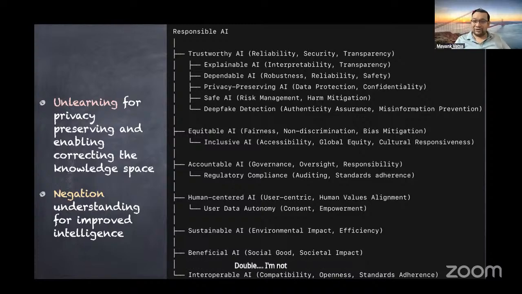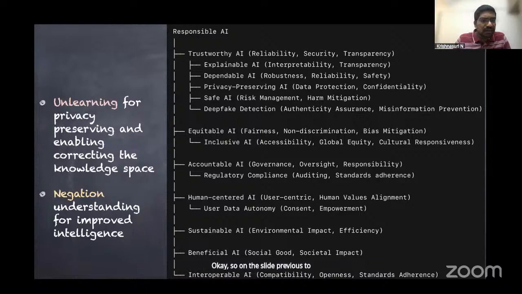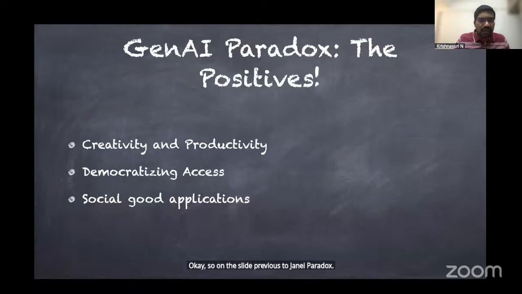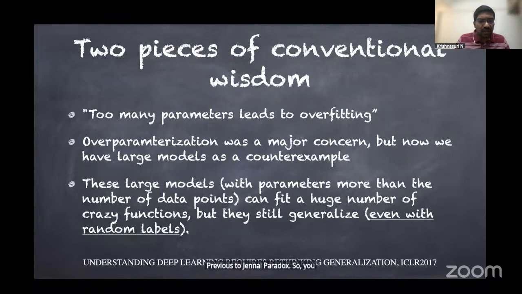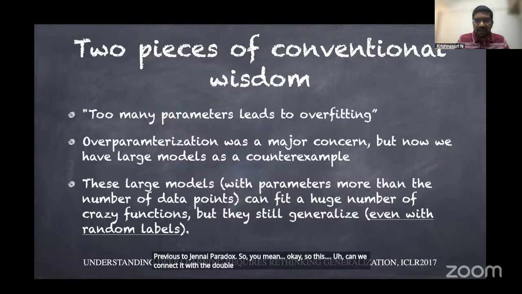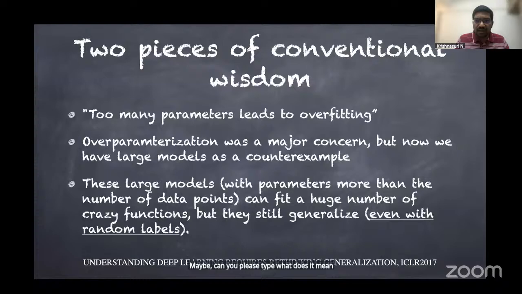I'm not sure what the meaning of double descent is, but if Nikhil can explain the double descent problem, I can try to give my views. Okay, so on the slide previous to the Janney paradox. Can we connect it with double descent? Maybe you can please type what it means by double descent.